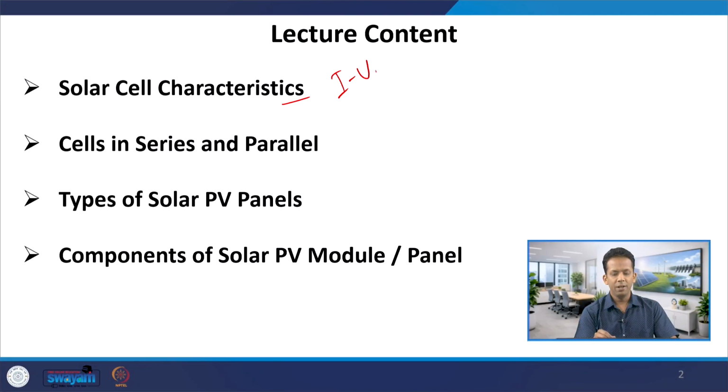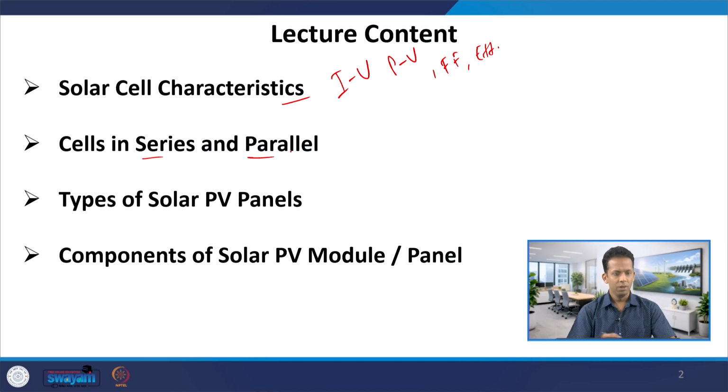Here we will be studying mainly the current and voltage curves or the power and voltage curves, IV curves or PV curves, fill factor, efficiency of solar cell, and then we will look at how we can increase the total power of a PV system or a PV array by connecting different cells in series and parallel.